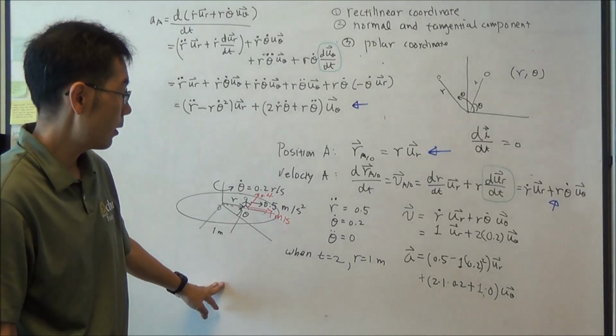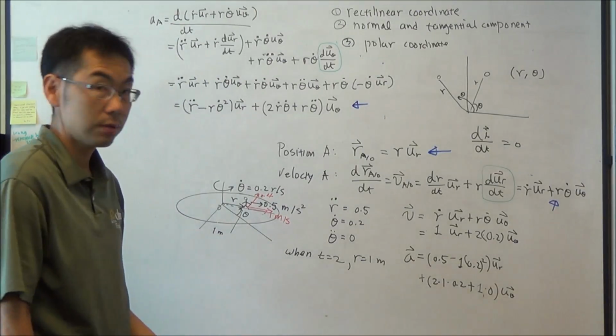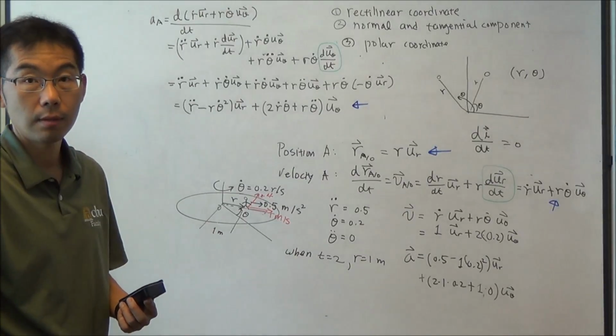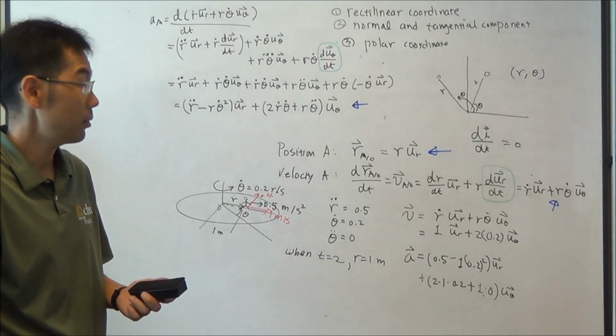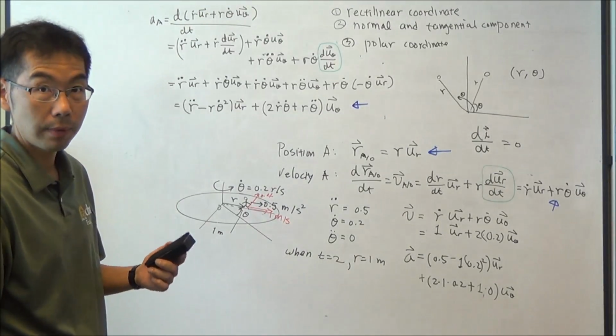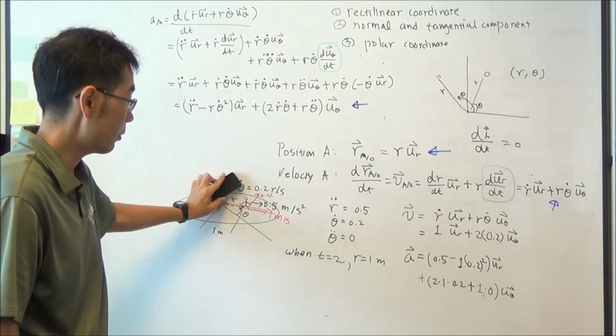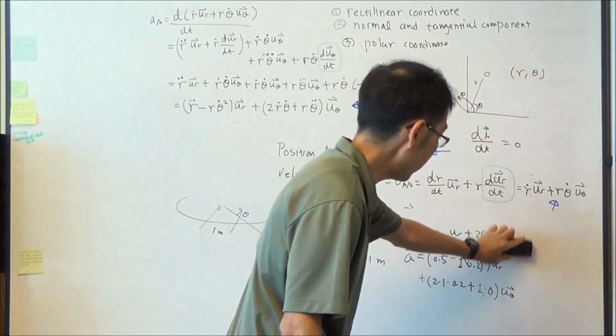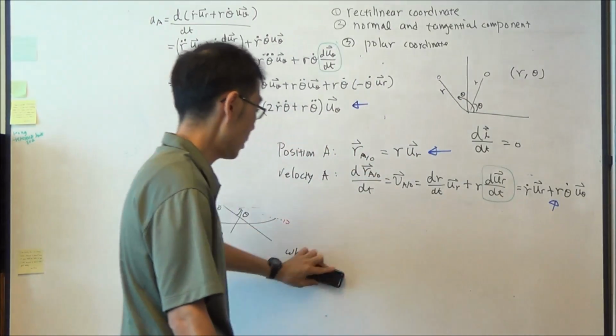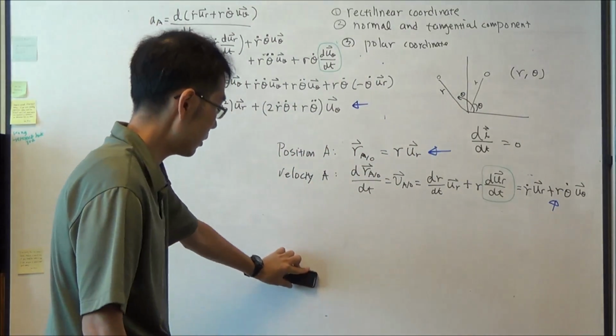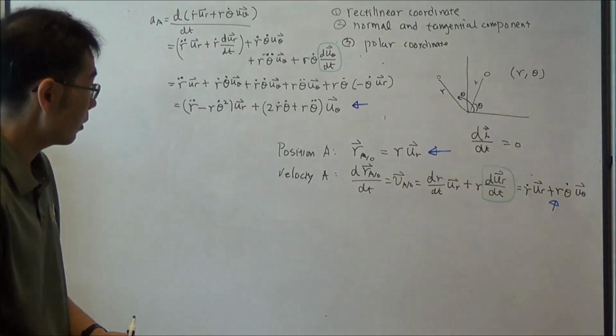Okay. If you do some more practice on the examples in your textbook, you will have a better idea how to apply those equations to different problem sets. So let me just do one more thing, and then I will close this video.